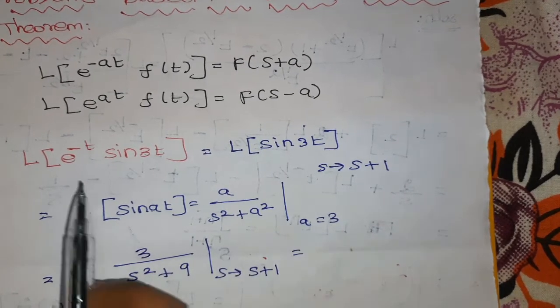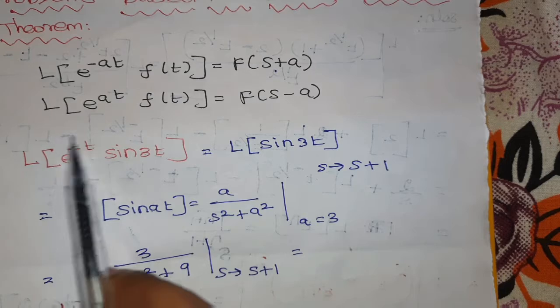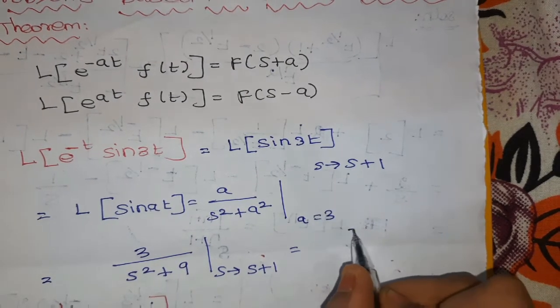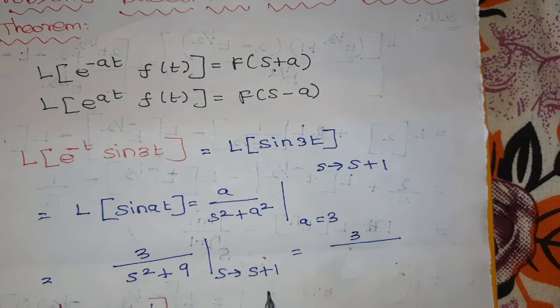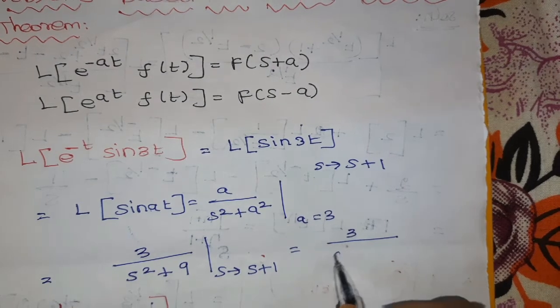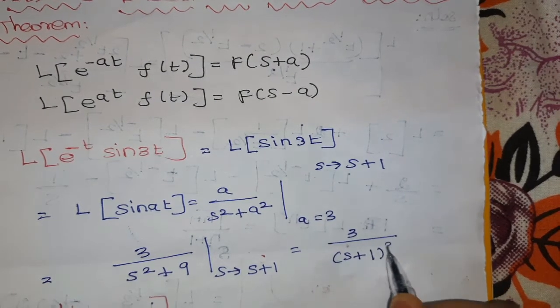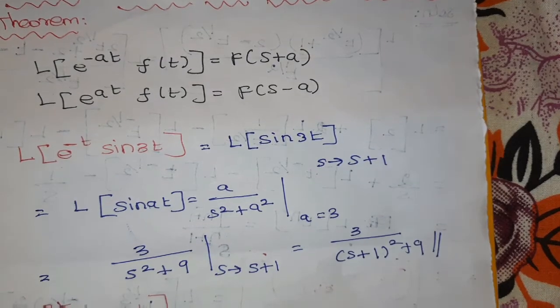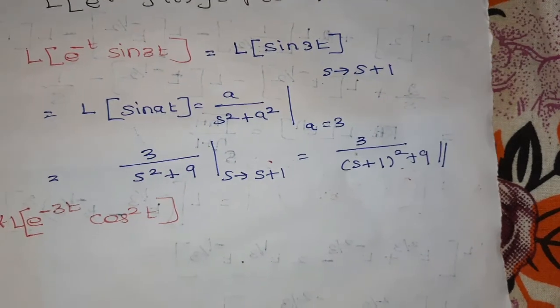Don't forget this because it is multiplied by the exponential function e power minus t. So 3 divided by, in place of s, replace s plus 1 the whole squared plus 9 is the correct answer for this. Let's see another problem.